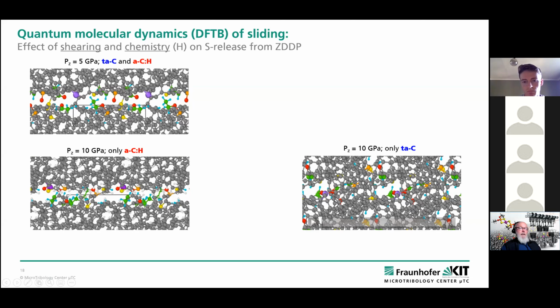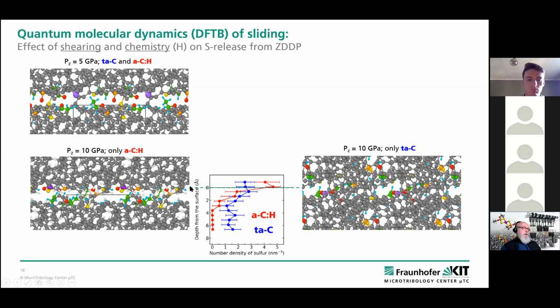You get cold welding and mechanical mixing of the sulfur into the carbon. You can specify this. So here is the sliding interface, and here is now the number density of sulfur atoms at the surface and then into the bulk. And the TAC has a quite high number density of sulfur in the bulk, while the ACH hasn't. So obviously there is a difference in the cold welding tendency between ACH and TAC.